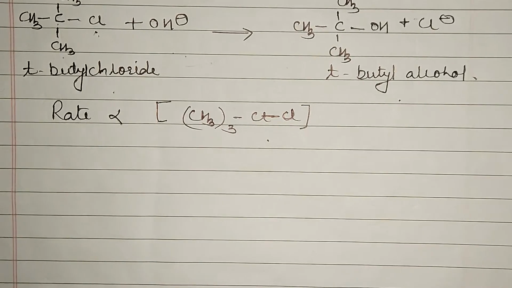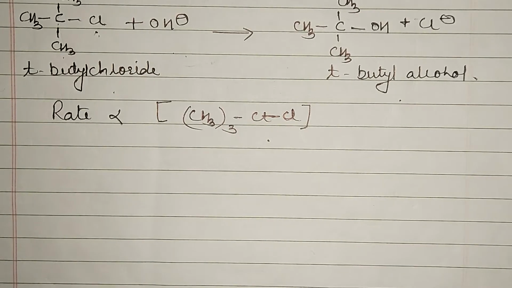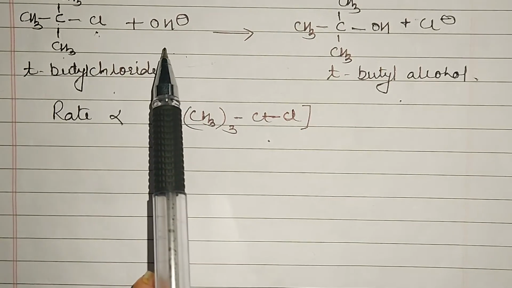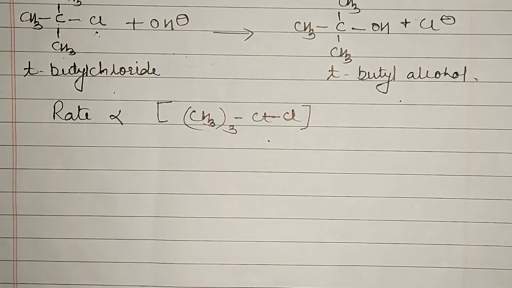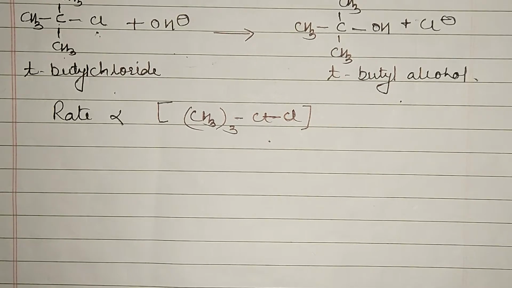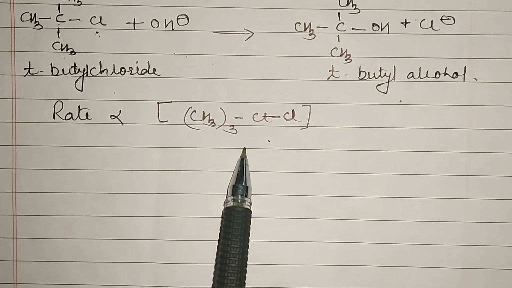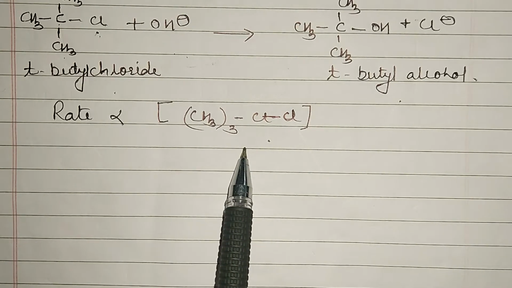Here the rate of reaction does not depend on the concentration of the nucleophile, that is OH negative. It means that if we change the concentration of OH negative, the rate of reaction will not change. But if we change the concentration of tertiary butyl chloride, we see that the rate of reaction changes.